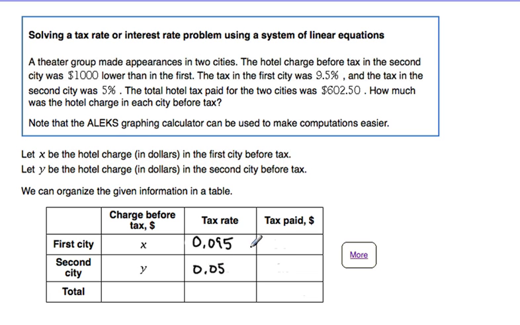To figure out how much tax was paid, we take the tax rate and multiply it by the charge. So 0.095 times x is 0.095x. The tax paid in the second city, 0.05 times y, is 0.05y.